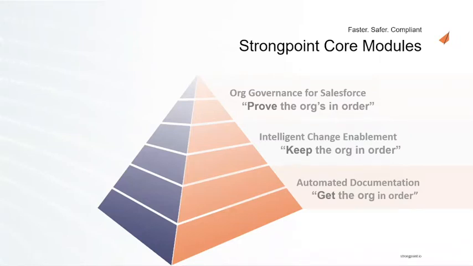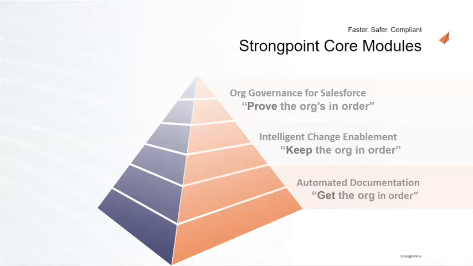The Strongpoint product is built on a foundation of automated documentation. So we scan and document all of the metadata items in your org. That is all of the definitions of custom objects, custom fields, reports, list views, classes, triggers, and so forth. But not only do we document the definitions of those metadata items, but we also document all of the interdependencies between those items.